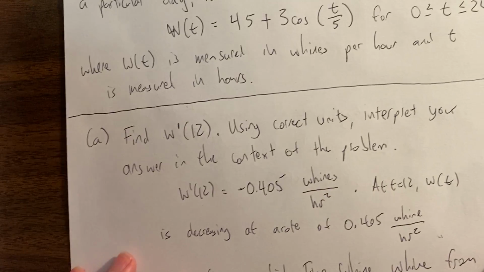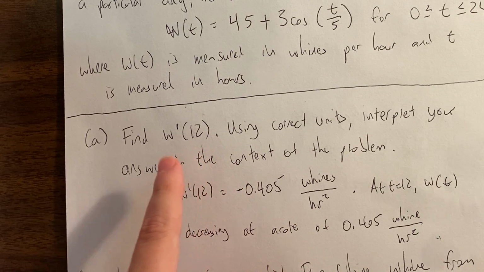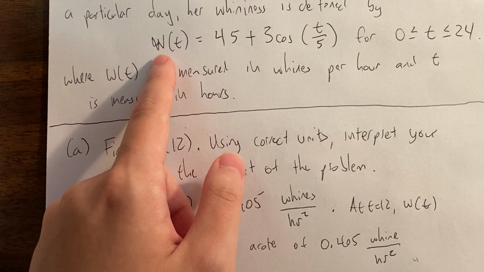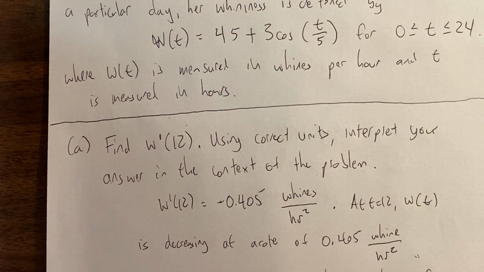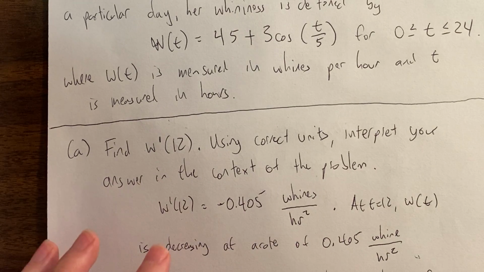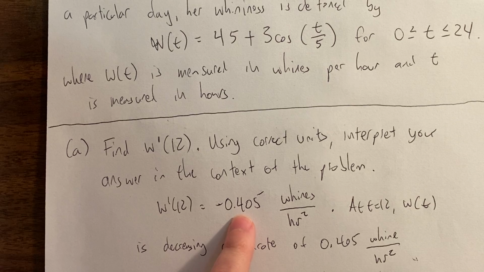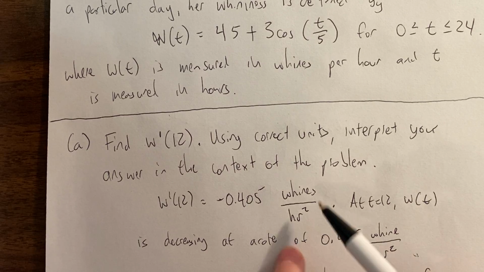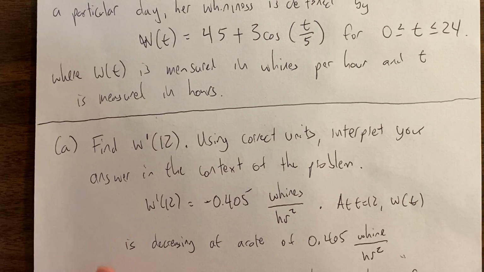But in this case, because we were finding W prime, the derivative of W, that's going to tell me whether her wininess is increasing or decreasing. So again, not a very hard question, obviously. All we did was take a derivative, and Freddie did all the work for us, actually. So it wasn't too bad. But you just want to be careful of units and what actually is increasing or decreasing.